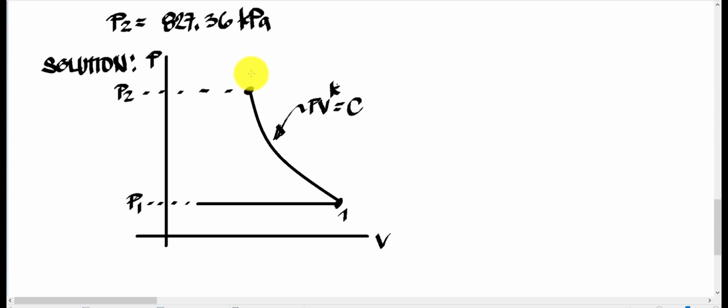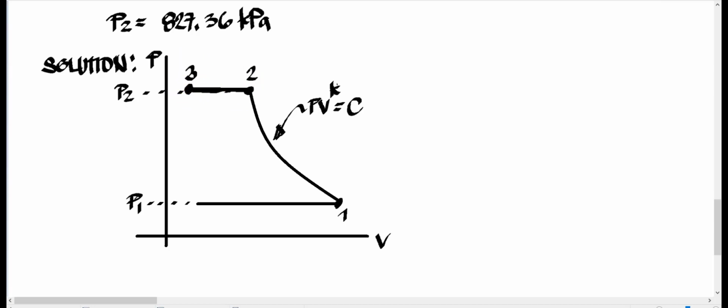So I have here point 2. We have the delivery valve opening at this point, so traveling at this side, I have here your point 3.